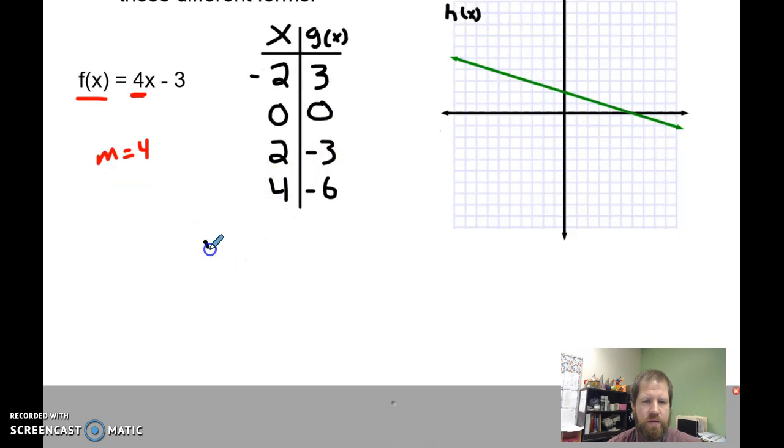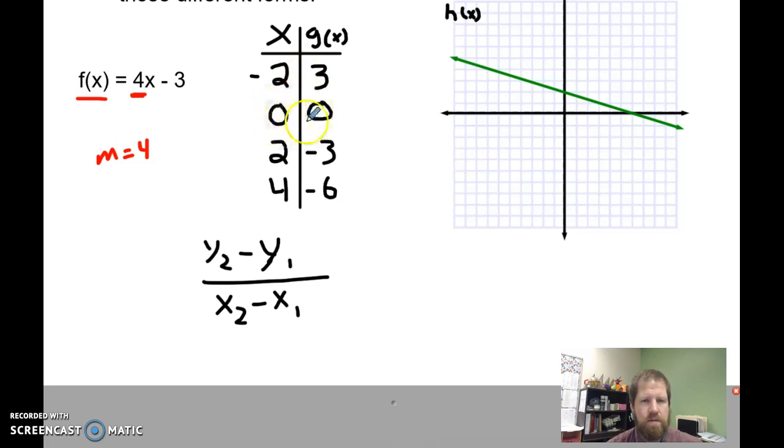So when it's in a table, you can use the slope formula, y2 minus y1 over x2 minus x1. You can also count, but you have to be a little more careful with this.